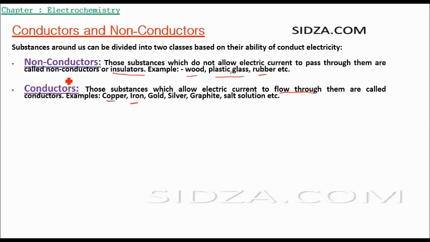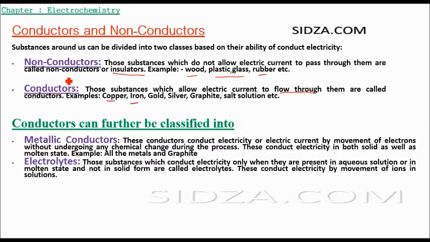So the conductors can further be classified into metallic conductors and electrolytes. Metallic conductors are conductors like iron, copper, gold or silver.